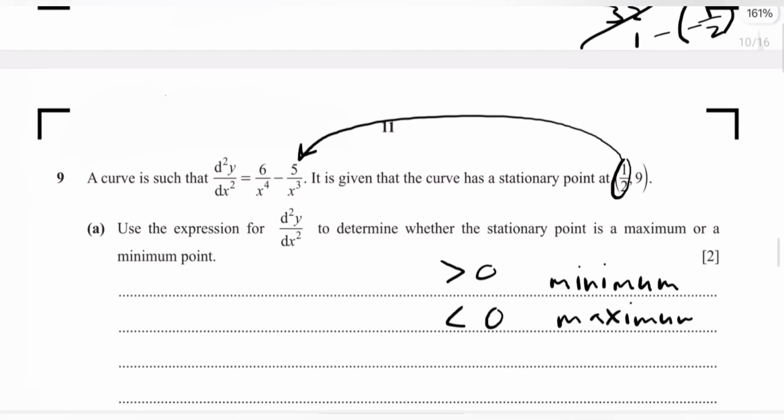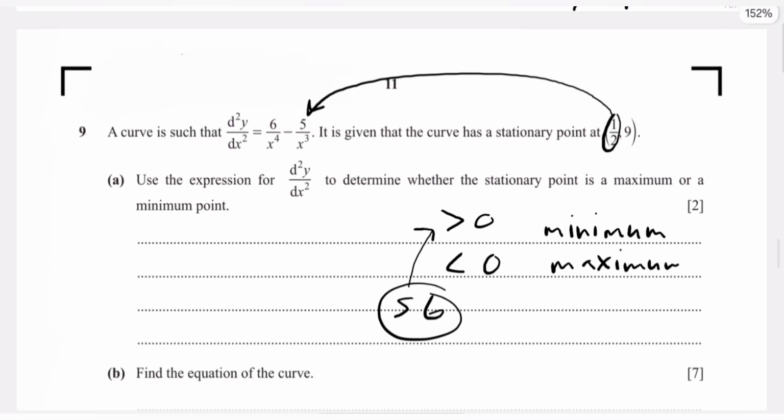So substituting half in there, we get 6 over 0.5 to the power 4 minus 5 over 0.5 to the power 3. We get 56, and 56 is definitely greater than 0, so it's a minimum, right? It is a minimum.